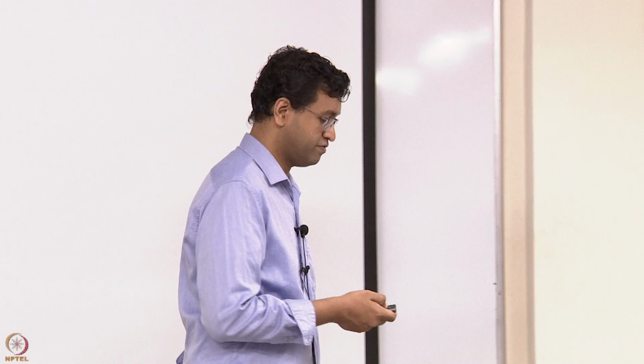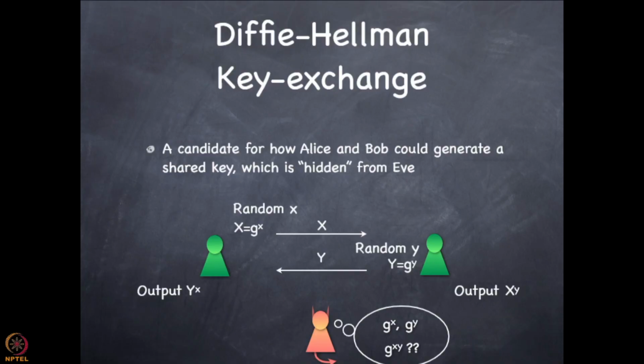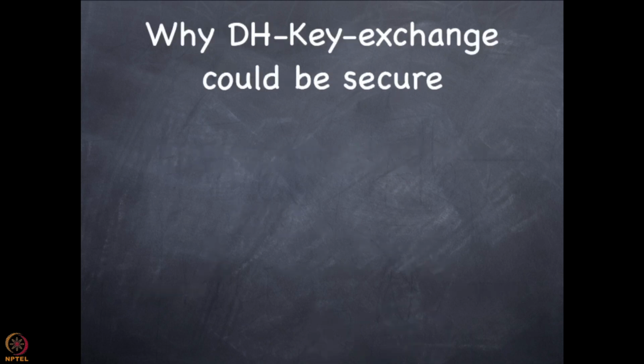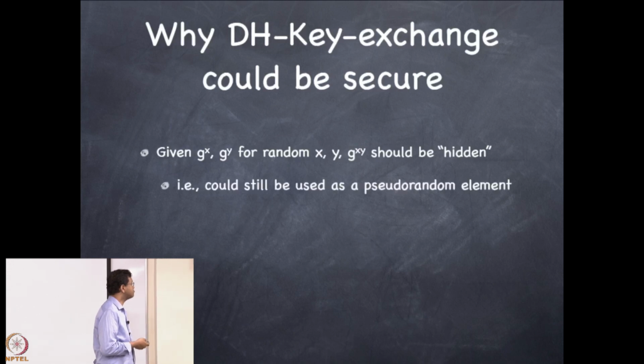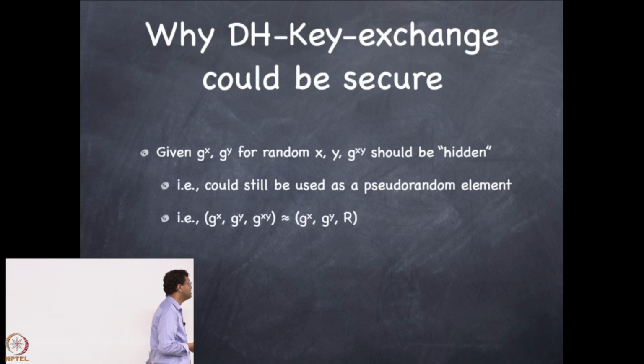Now we need to see, when is this last thing going to work? Given g to the x and g to the y, maybe you can compute g to the xy, or maybe you can learn something about g to the xy. We don't want it to be revealed, so we want it to be pseudo-random.